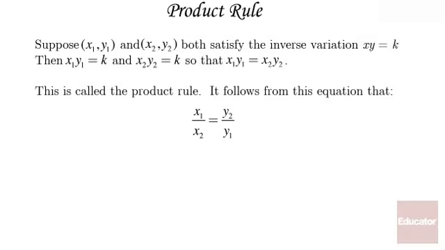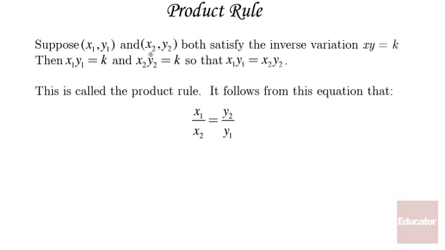Okay, so let's look a little more deeply into what we can do with inverse variation. Suppose that you have two sets of points, (x1, y1) and (x2, y2), that both satisfy the inverse variation, the product xy equals k. So if you think about this, if a set of points' product equals k, then x1 times y1 must equal a certain value. We don't know what that value is, we're just calling it k.